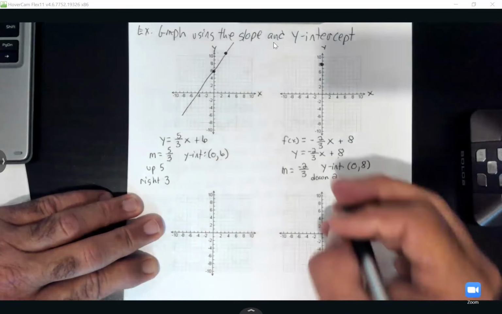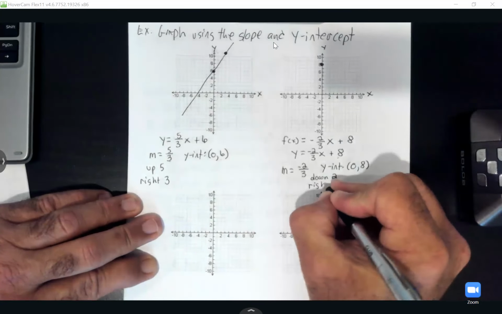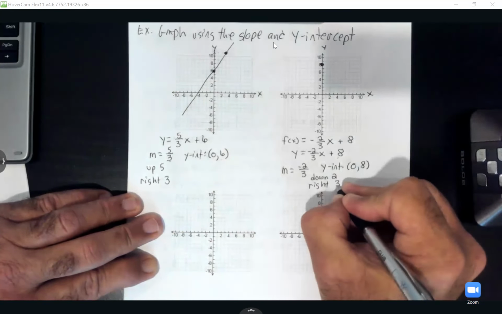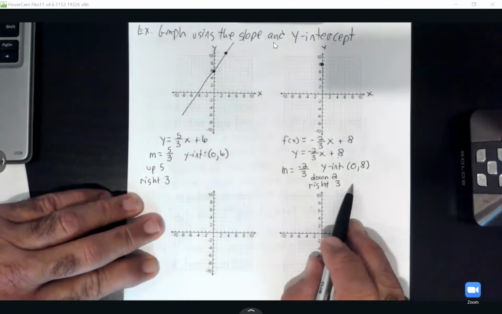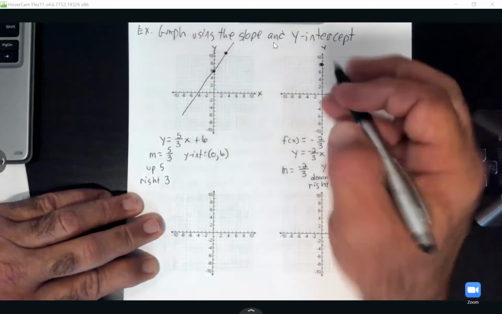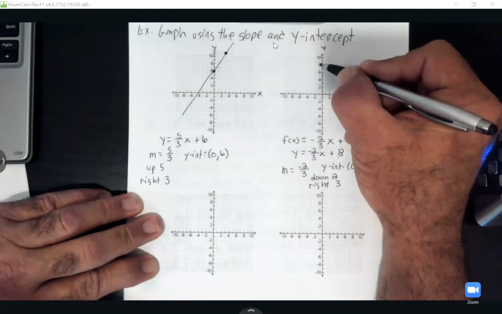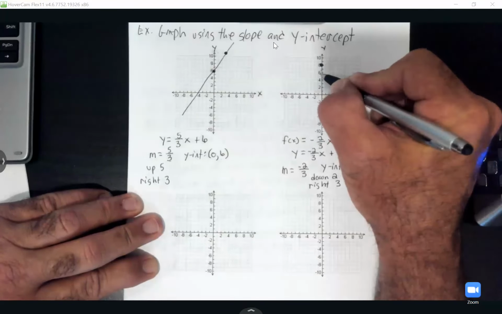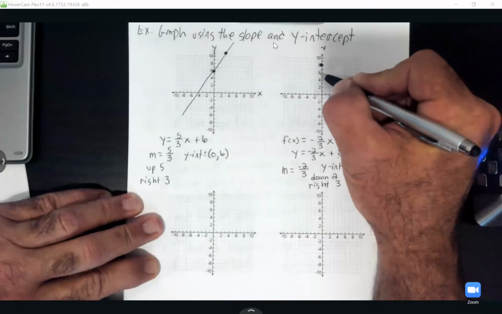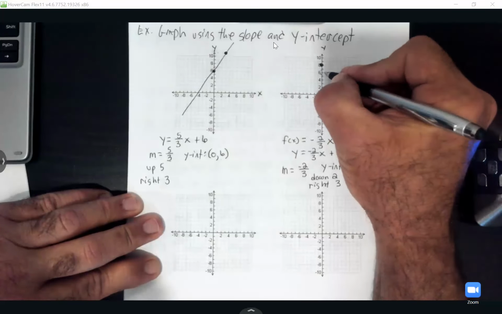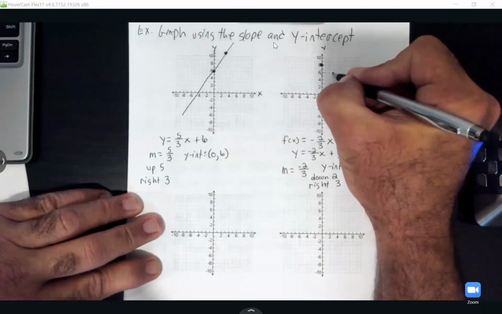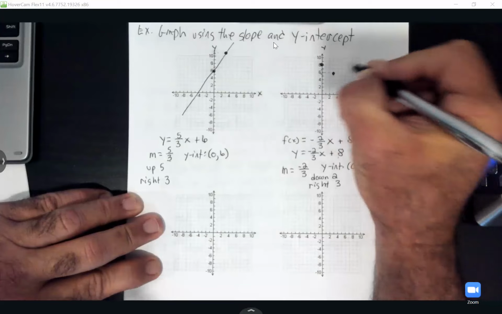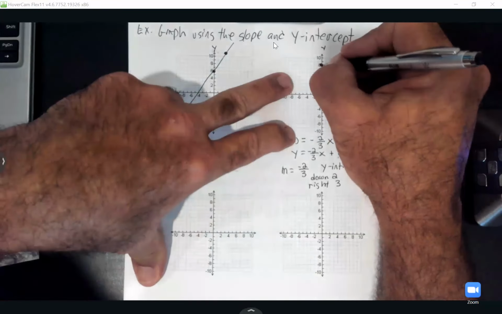We're going to go down 2 and then right 3. So I got a positive 3 on bottom. It's only going to the right. So from this 8, we're going to go down 2. So down 1, 2. At the moment, I'm at 6. So then I'm going to go right 3. 1, 2, 3. Where I land, I'm going to put my second point. And then draw my line.